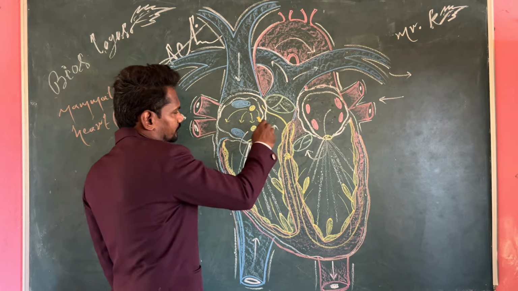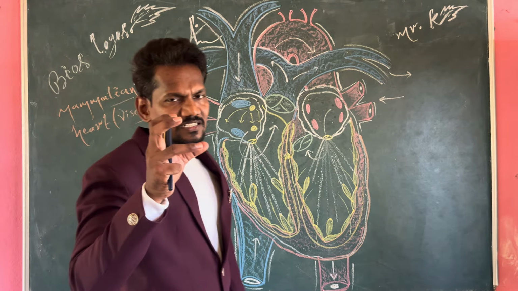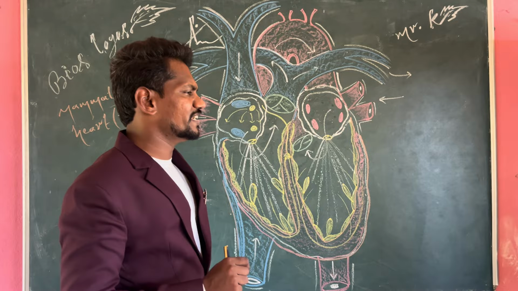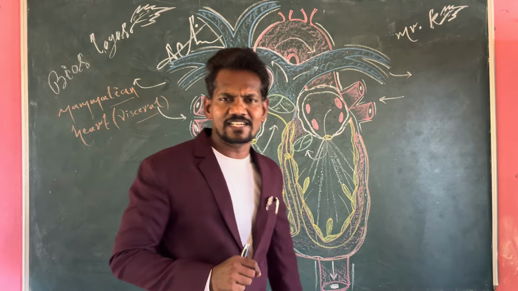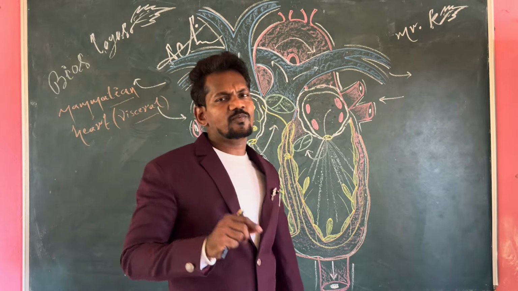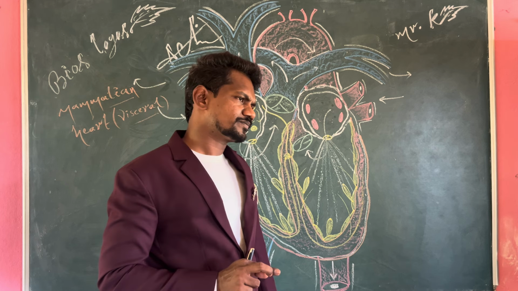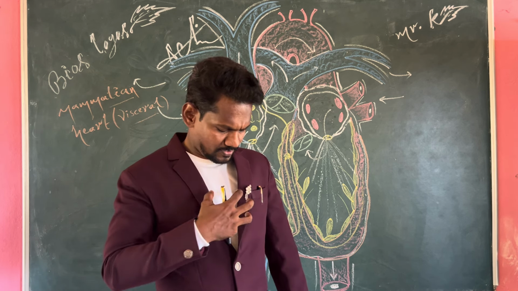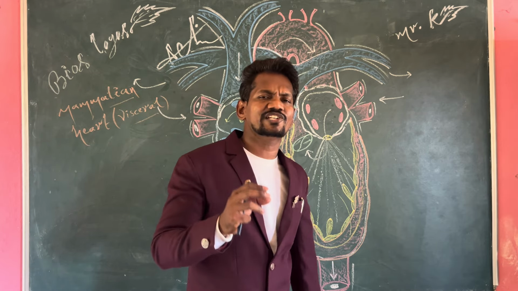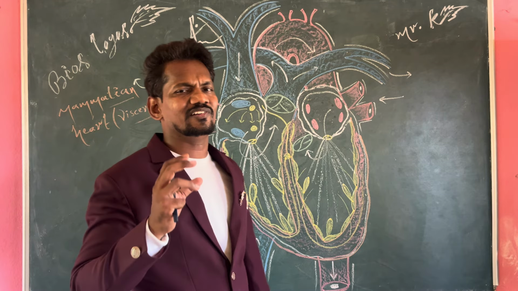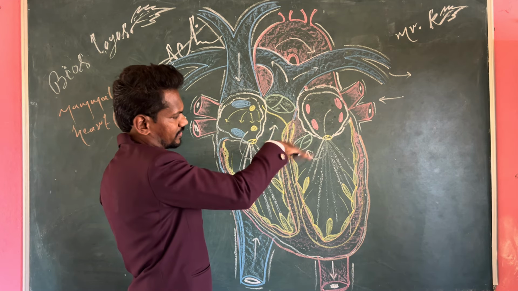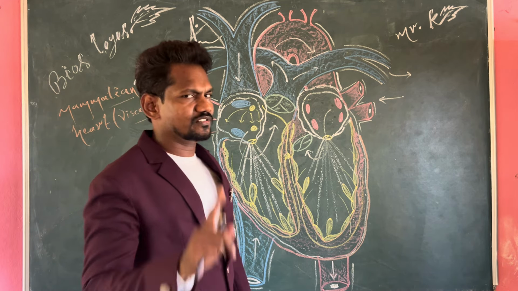One heartbeat is known as a cardiac cycle. One cardiac cycle takes 0.8 seconds. So 60 seconds divided by 0.8, around 72 heartbeats occur, and around 5040 ml of blood, around 5 liters, is pumped out or circulated through the heart within 1 minute.